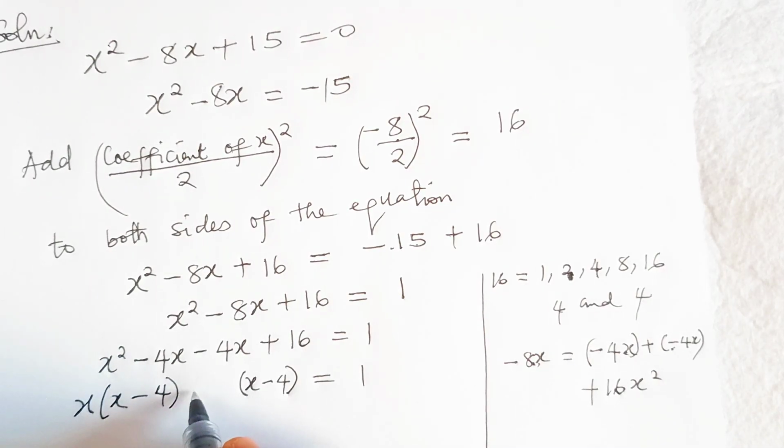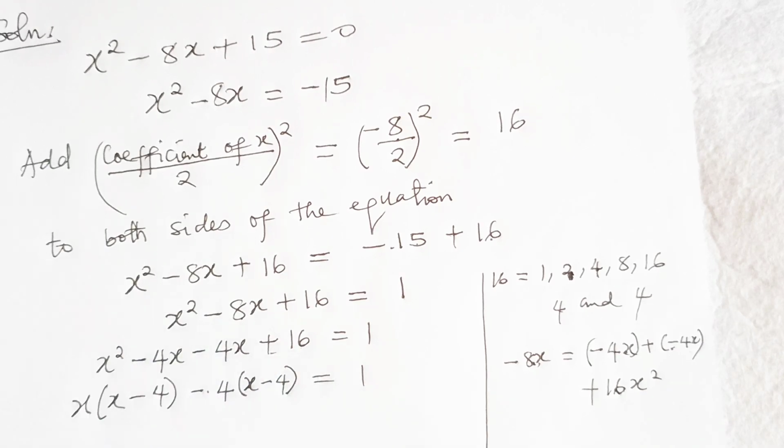So in the middle right here, I'm going to have minus 4. Minus 4 times x gives minus 4x. Minus 4 times minus 4 gives what? Plus 16.